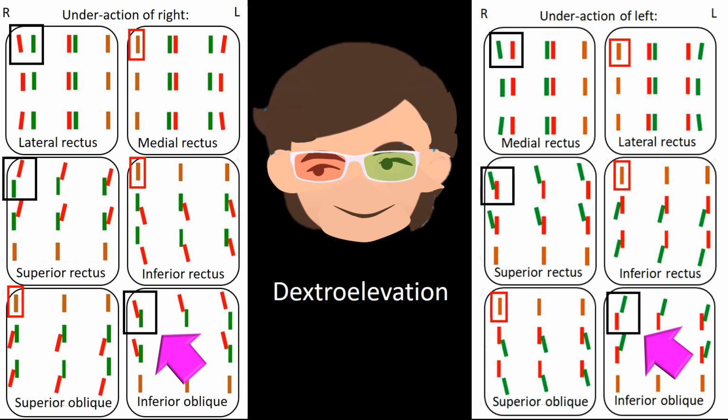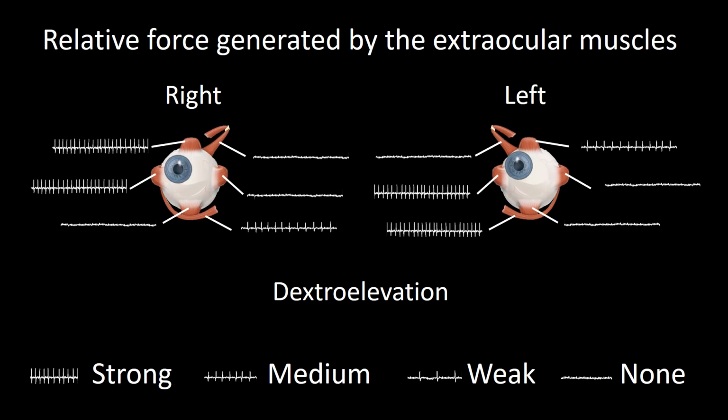But among the elevators, in the right eye, the superior rectus predominates, and in the left eye, the inferior oblique predominates, as indicated by the red rectangles. The right medial rectus, left lateral rectus, and in both eyes, the inferior recti and superior obliques are not involved in dextroelevation, as illustrated in this frame.